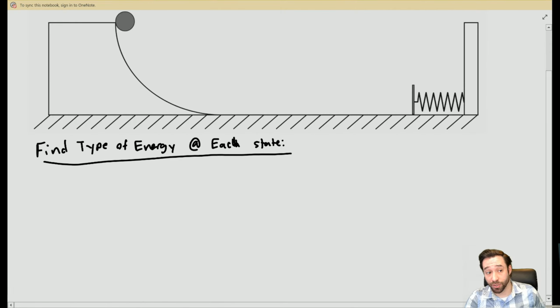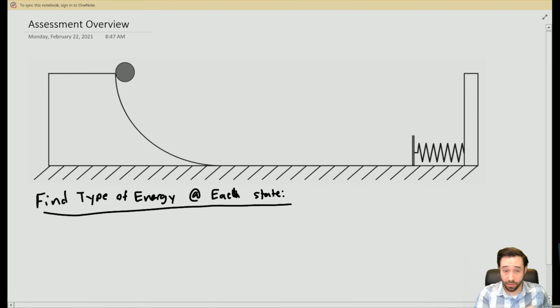We need to find the type of energy at each state. So this is going to be state 1.